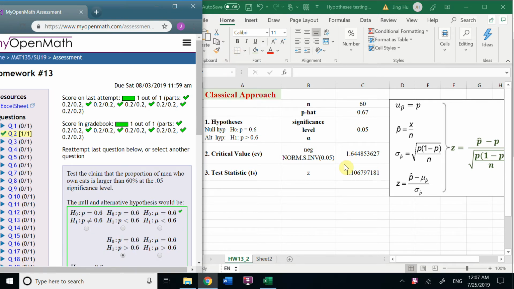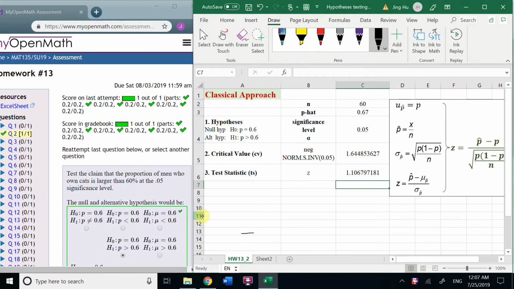So now let's explain the question. The question is right-tailed. Alpha is 0.05, so that means this area is 0.05.